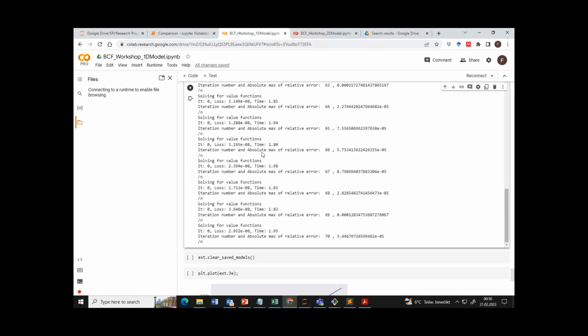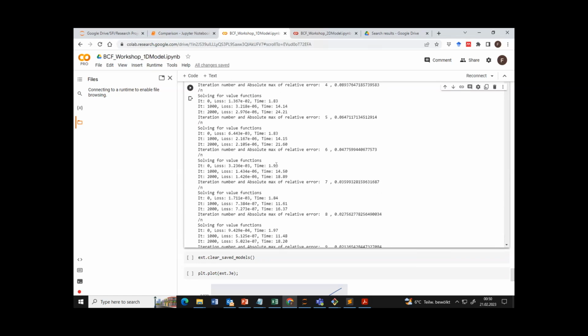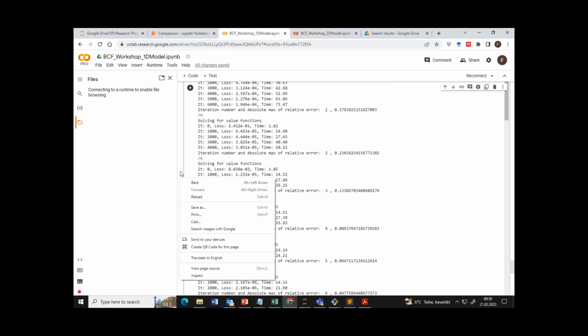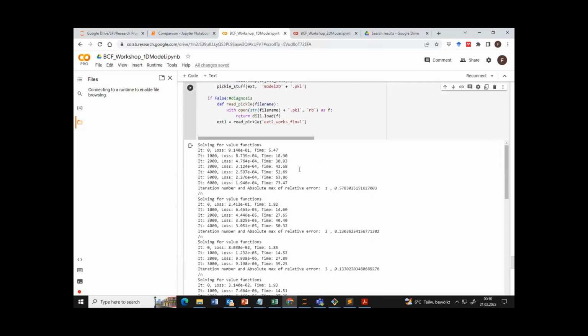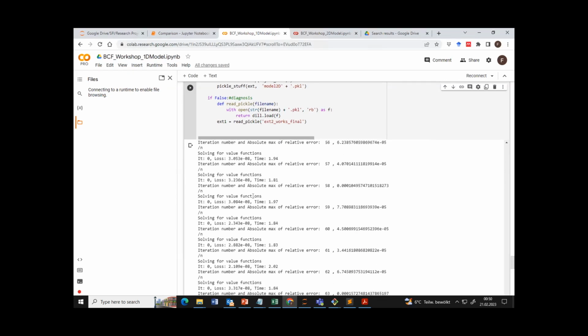Now you notice here that in the beginning, it took a long time. Let's go back to the very first iteration. You notice the seconds: it took around 73 seconds for the first time iteration to complete. Progressively, it just keeps reducing, and the last few iterations are very, very fast.